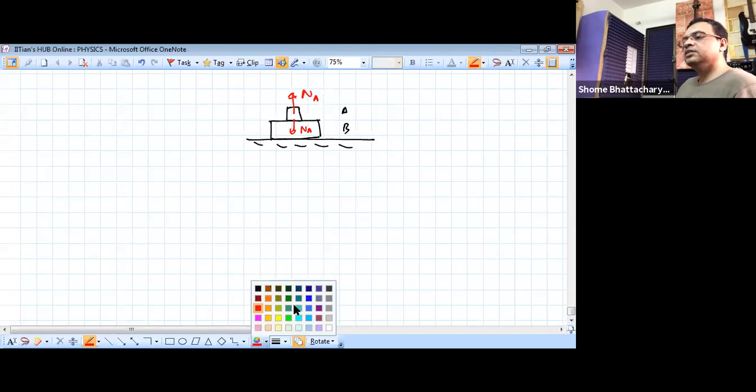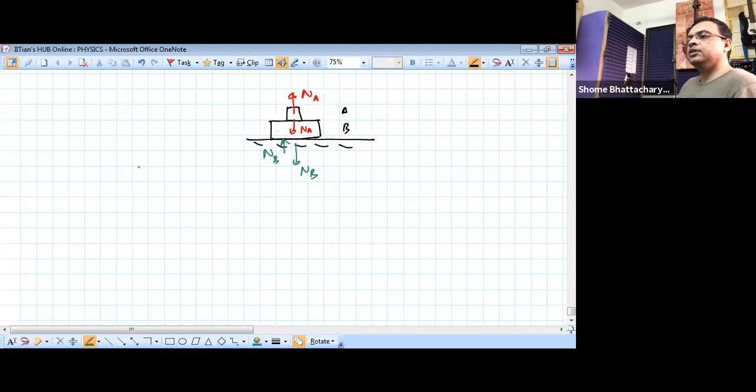And similarly, B is pressing the floor down with some normal reaction, and the floor is pressing it back up with some normal reaction. Okay. So that is why when you see the block B, on its two surfaces there are two pressing forces. ऊपर से A is pushing it down, नीचे से the floor is pushing it up, and of course it has its own weight.